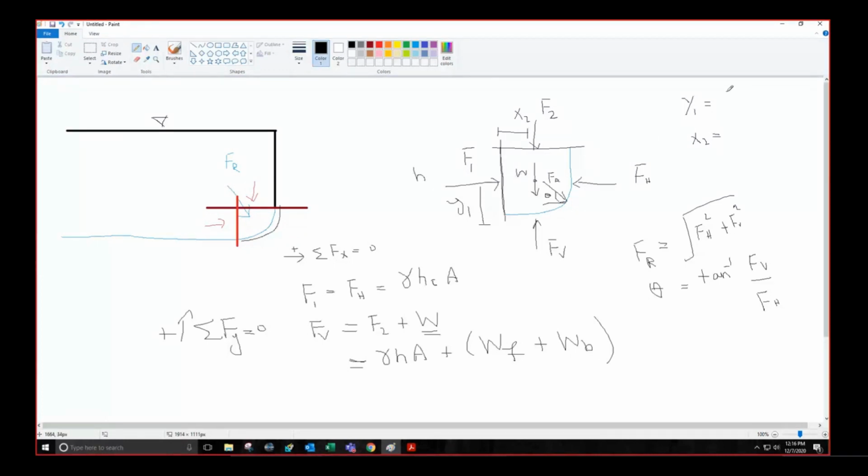So Y1 would be equal to h by 2, because we are projecting it as a rectangular surface, so the centroid of this projected area. Similarly, F2 would be at the centroid of this projected area. If this is r, then X2 would be equal to r by 2. Okay, is the point understood?